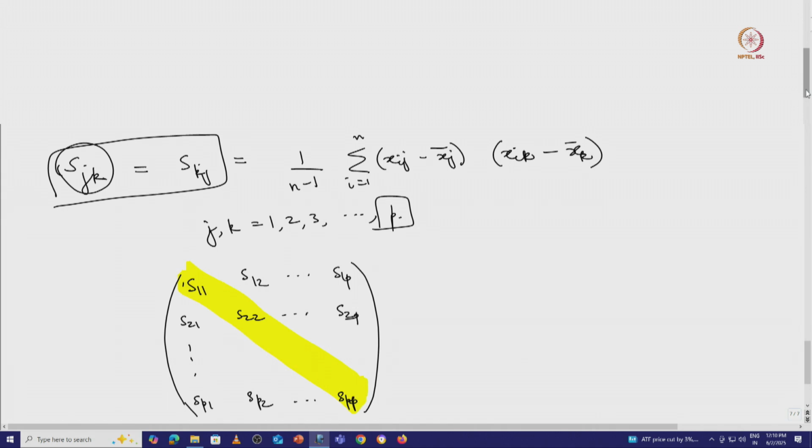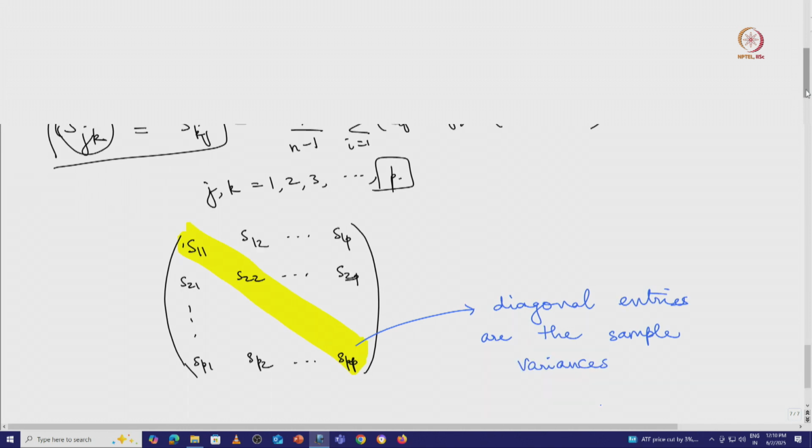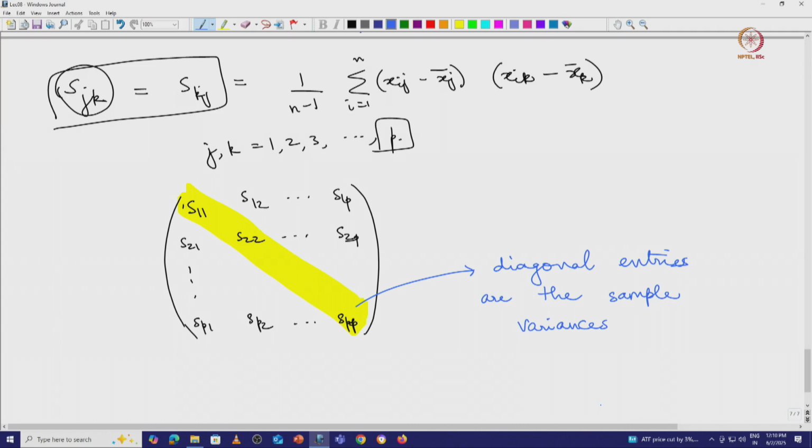So let us write that down. The diagonal entries are the sample variances, and this is a symmetric matrix since Sjk equals Skj.